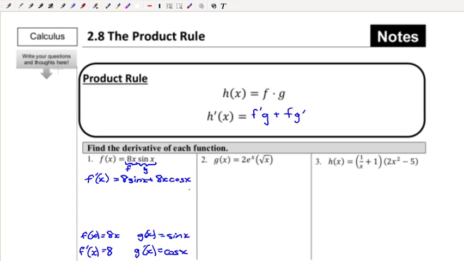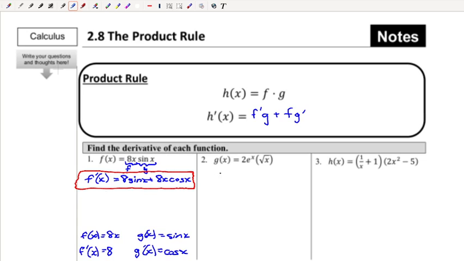And that's it. You're done. There's the derivative: 8 sine x plus 8x cos x. Nothing to simplify. That's as good as it gets. Sometimes there are like terms. Sometimes there are things to play with. We could factor out an 8 if you thought that was going to make your life simpler in some future calculation, but that is totally fine as your final answer.